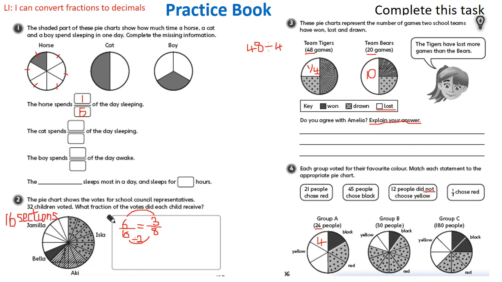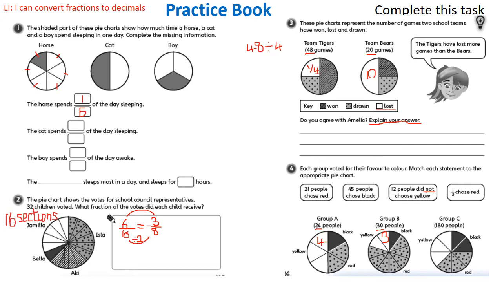Group B. Group B is 30 people. And how many sections has the pie chart been split into? 1, 2, 3, 4, 5, 6, 7, 8, 9, 10 sections. So 30 divided by 10 is 3. So each section is equivalent to 3 people.